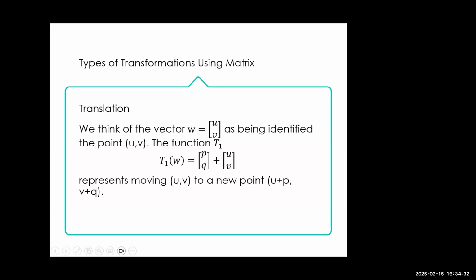The first one I would like to present is the translation of a vector. Suppose your vector is W, with components U and V, and you're going to translate this vector by a coordinate given by P and Q. We get a new point whose x coordinate is U plus P, and whose y coordinate is V plus Q. So this will be the new coordinate.